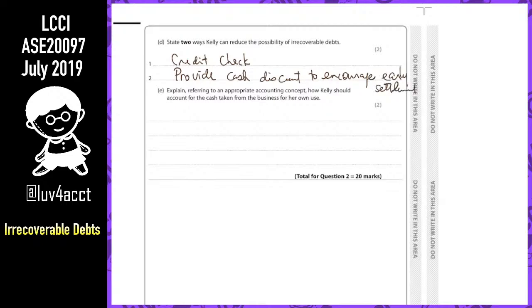If you get early settlement, then most probably you won't suffer so much from irrecoverable debt, because if you are in financial difficulty but you still have some cash and you have to pay your different creditors, you will choose: if creditor A gives you cash discount, then you will settle that account first, because that will be your income.